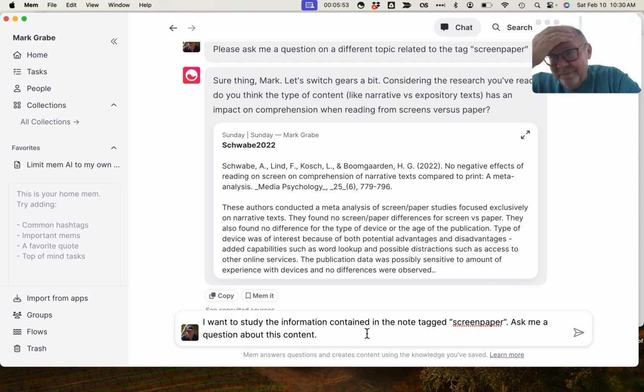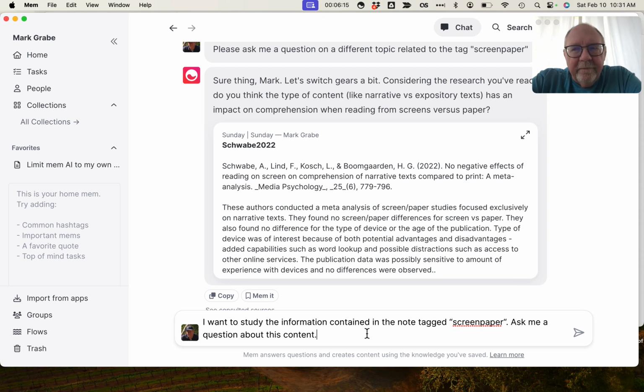Okay, that probably doesn't make any sense to anybody else, but it's the equivalent of Psych 1, which is a group of notes. Screen paper happens to be the notes that I've taken about what I call the screen versus paper controversy, that maybe a lot of people recognize.